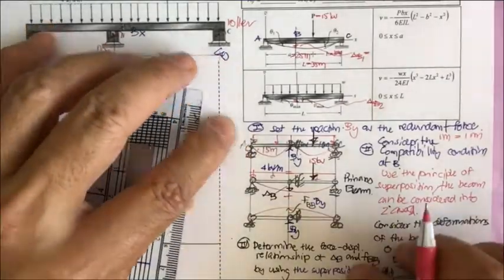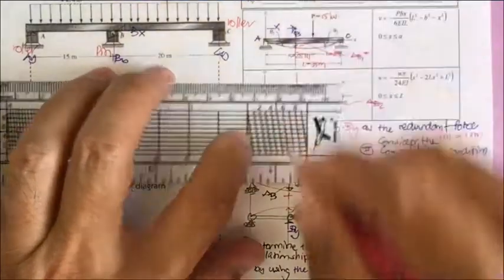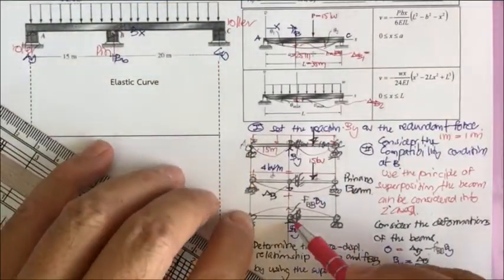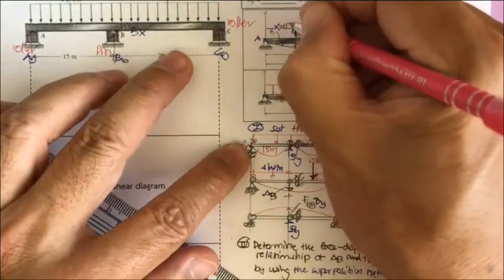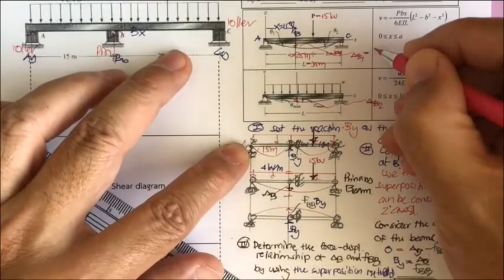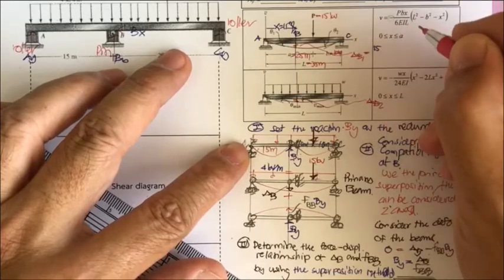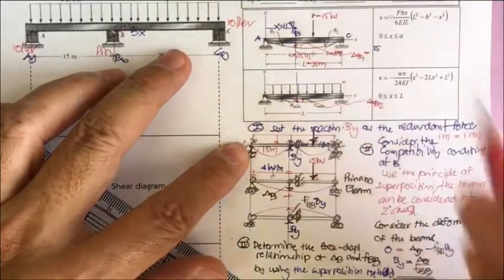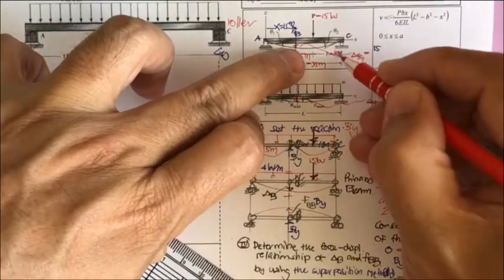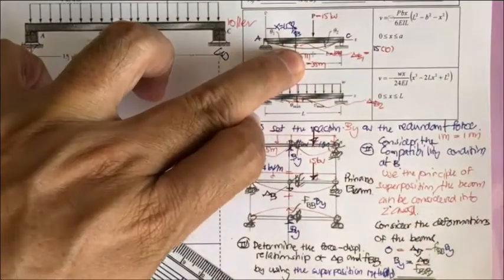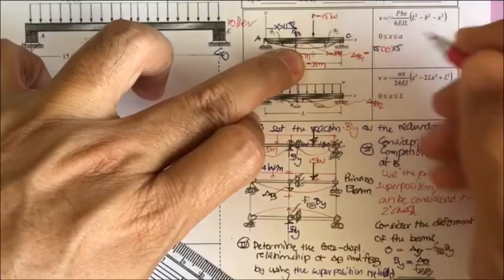The last one that we are going to determine is X, which is going to be 15 meter. So we have 15 for the P. You don't need to consider the sign because it's downward already. This is 15 kilonewton, times B which is 10, times X which is 15.